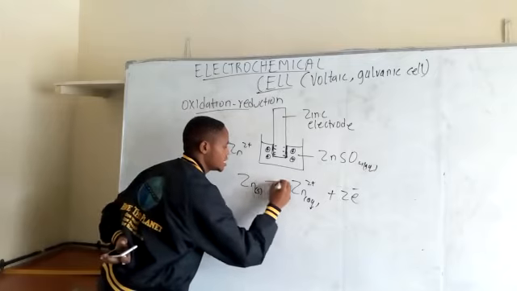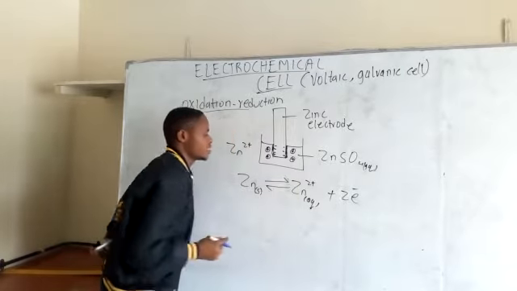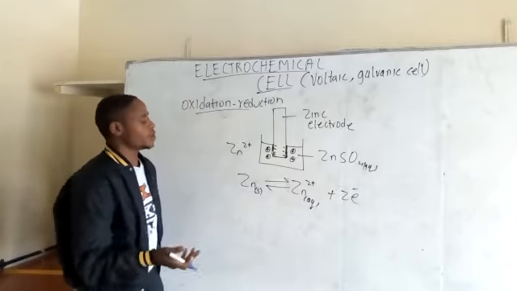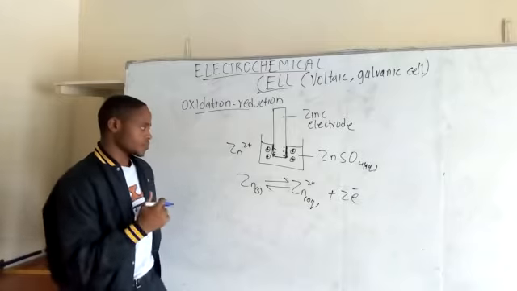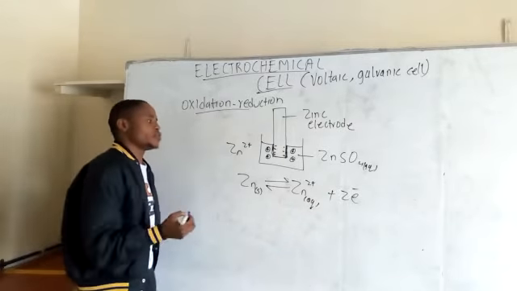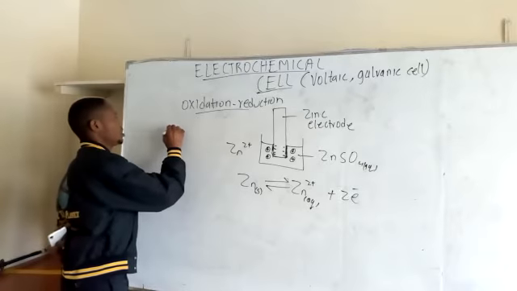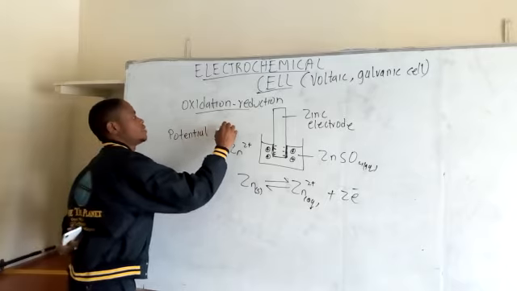They will achieve the state of equilibrium, such that the forward reaction and the backward reaction are taking place at the same rate. And when that happens, we're going to have what we call the potential difference.